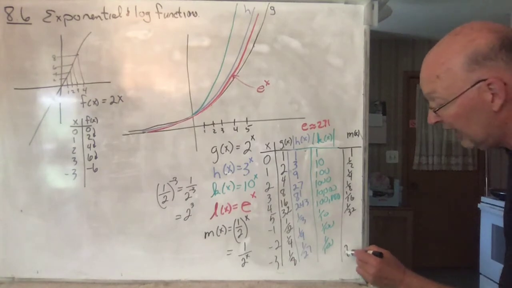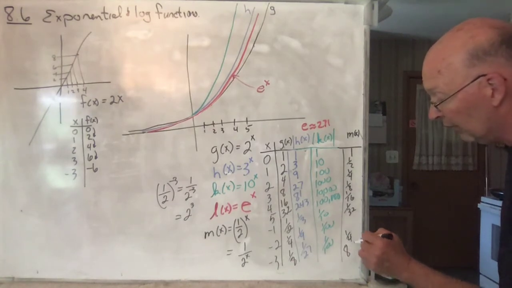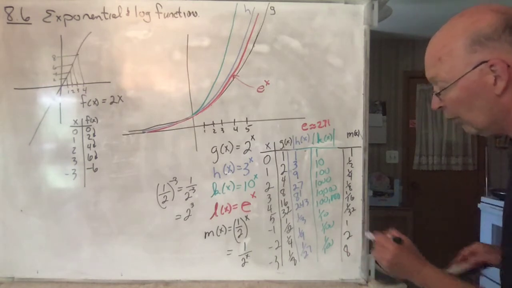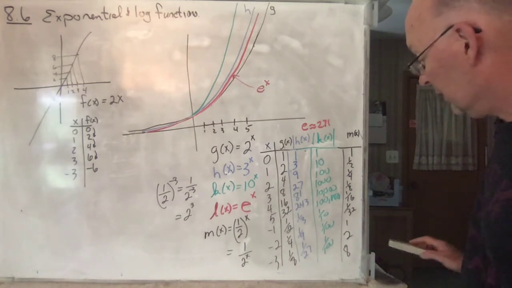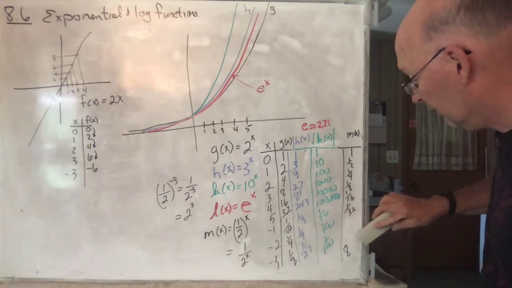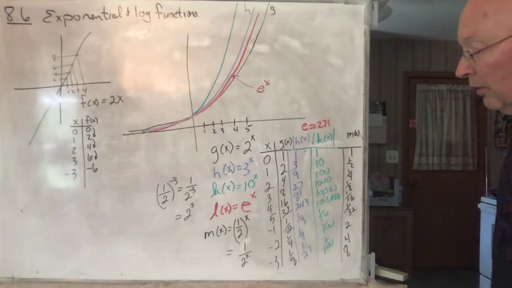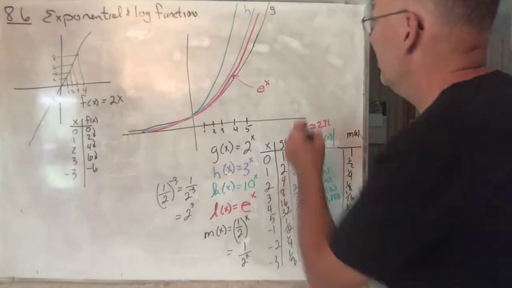So this is going to be 8. It's going to be 4 and 2. Like so.